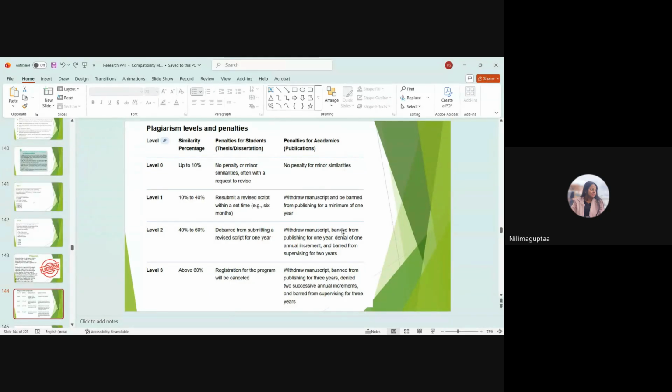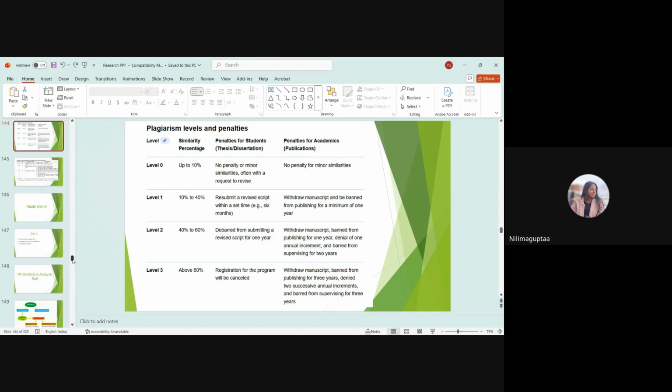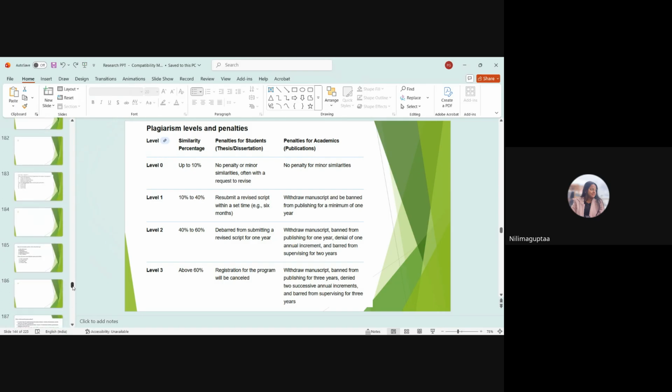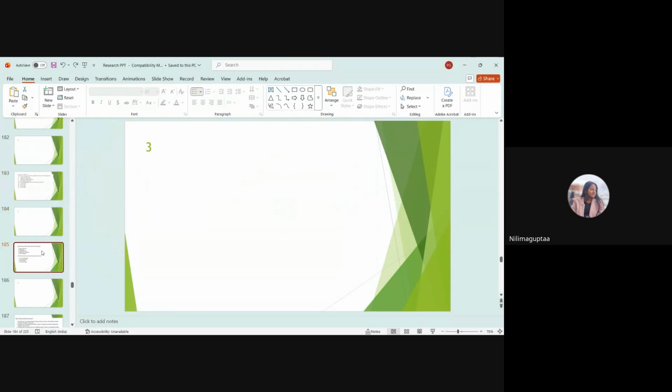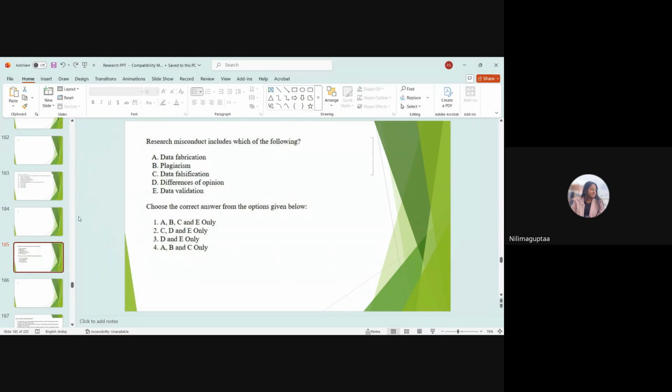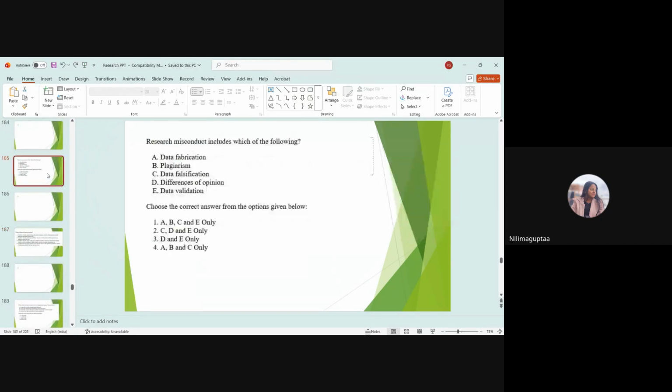It's completely withdrawing titles, annual increment, barred for supervising for the next 2 years, registration cancelled, debarred for submitting revised scripts and all. So those are the kind of losses that a person will face if they are found guilty of doing plagiarism.